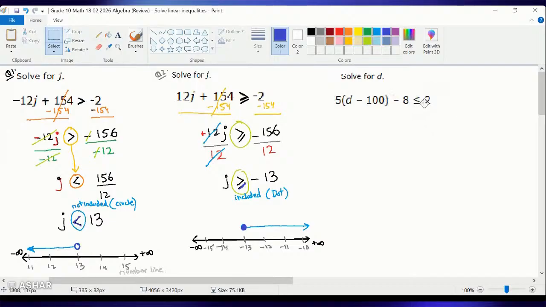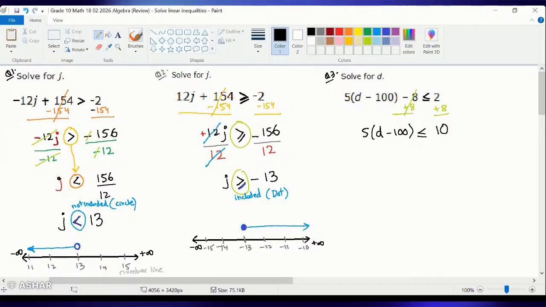For question number 3, what we can do is, either we take a negative 8, can we add 8 on either side? So can we say the inequality comes out to be 5 times (d minus 100) is less than or equal to 10.